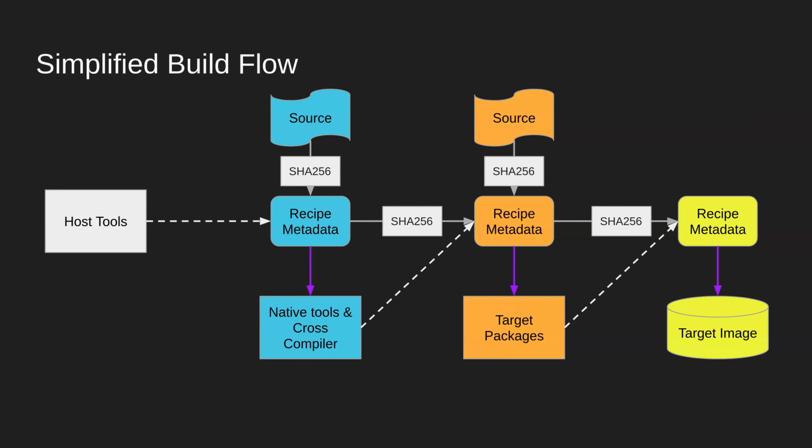So the way that BitBake keeps track of the dependencies between all of these things is using a very sophisticated method of hashing, where basically each step of the build process has a hash that includes all of the BitBake variables and tasks that are relevant for that task, but also the hashes for all of the upstream tasks that it depends on.